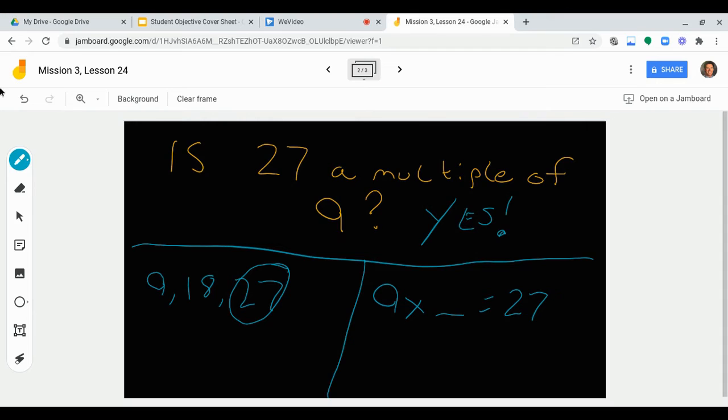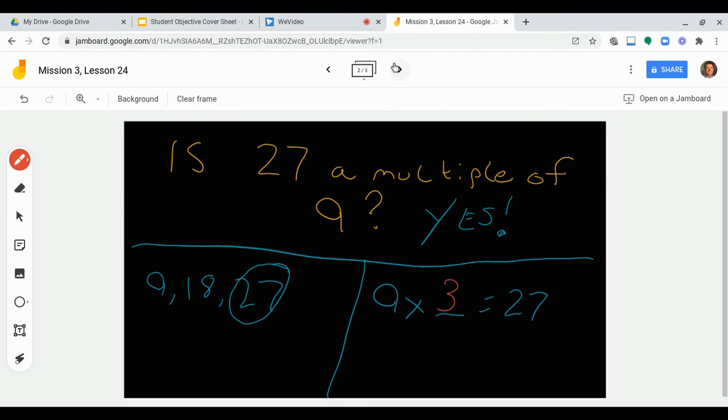I can do 9 times 3 and get 27. So yes, that also lets me know that 27 is a multiple of 9, because if I'm counting by 9s, I can end up at 27, after 3 times.